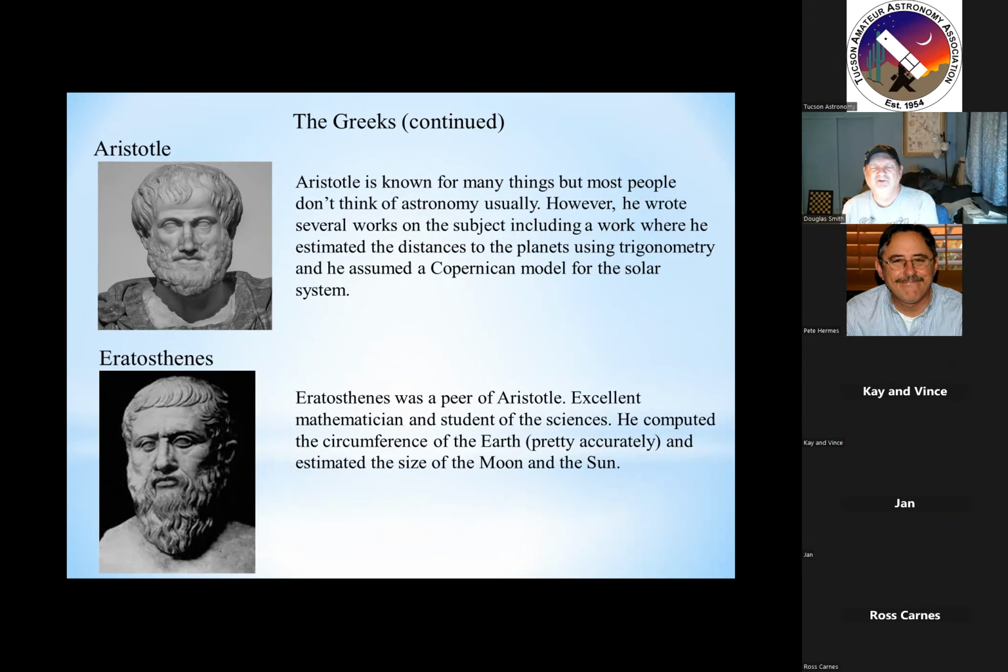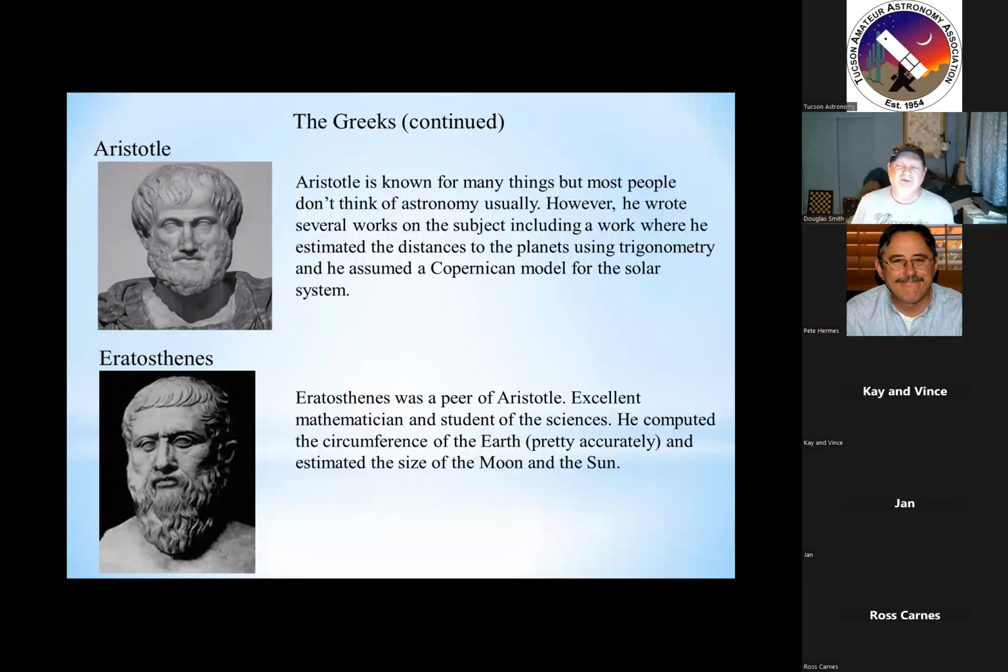And he also wrote a paper where he came up with basically what's called a Copernican model for the solar system. Now, he was laughed at, and most of the other philosophers of the time dismissed it. They didn't believe the sun was at the center of the solar system, and so his great work on the Copernican model never got much traction.